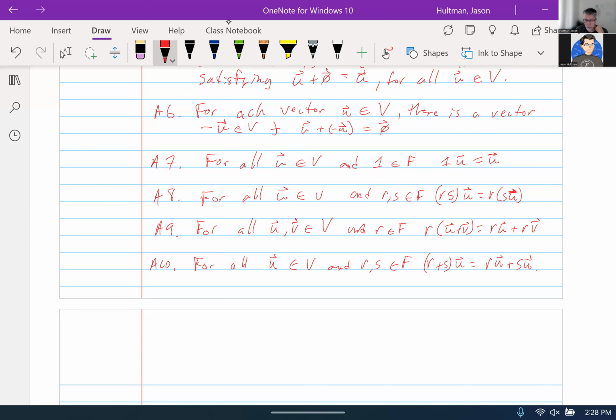Now in the previous section, 4.1, we stated these as properties of vectors and vector addition in the normal sense, a vector that just has number elements.